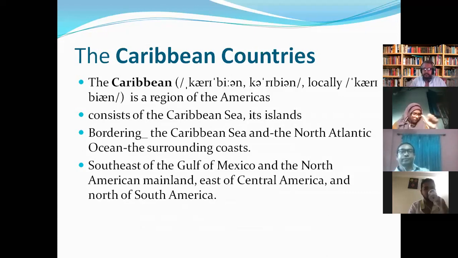So there are the Caribbean Sea, the North Atlantic Ocean, and several islands, and all these islands together are called Caribbean countries.